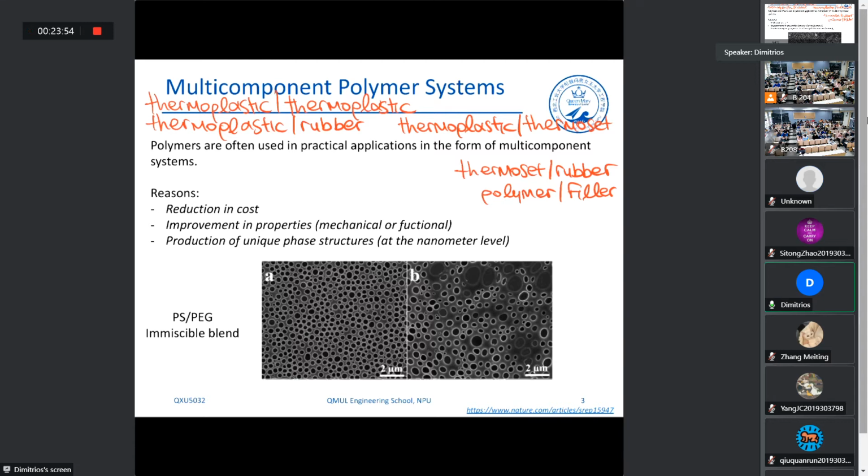So there is a very high pressure from the market to the industry. So the industry is finding solutions by creating these 5 types of blends. 1, 2, 3, 4, 5.